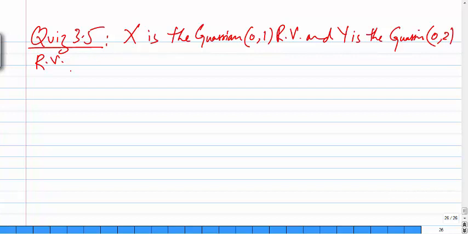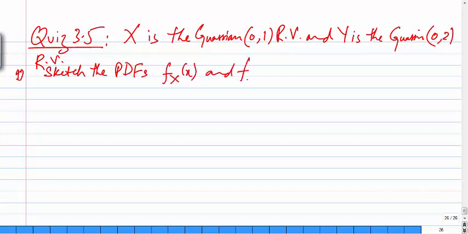The first question is to sketch the PDFs of f of x and f of y on the same axis. So the idea is to know the difference between these two.